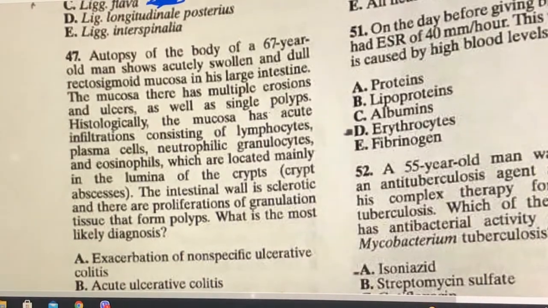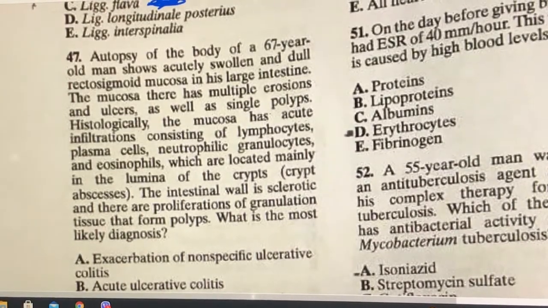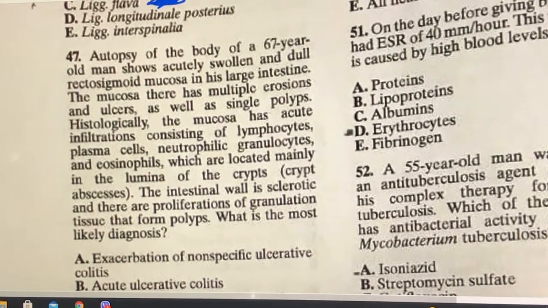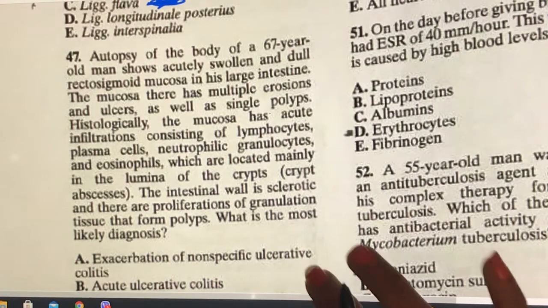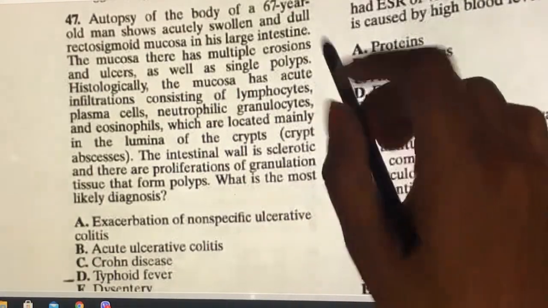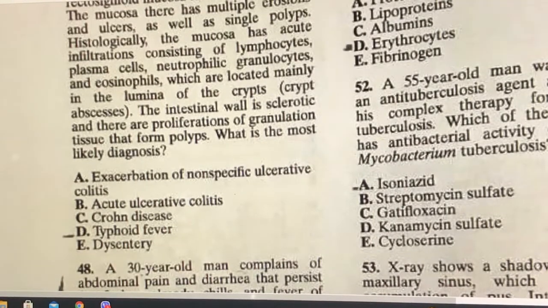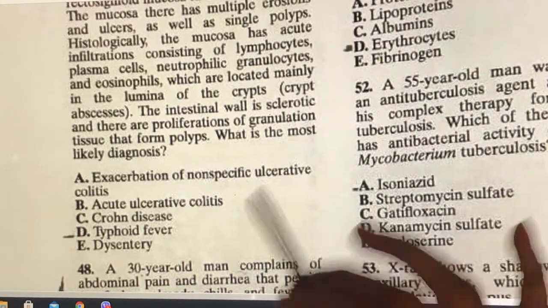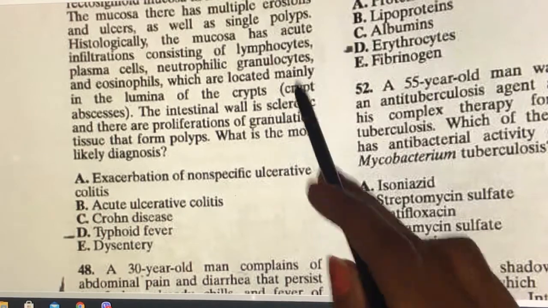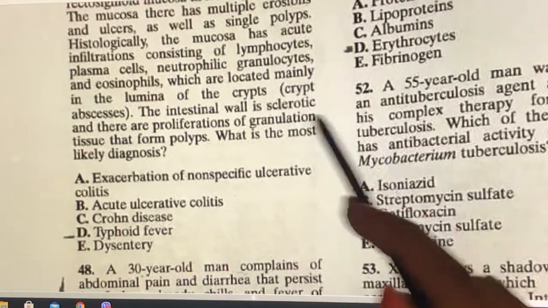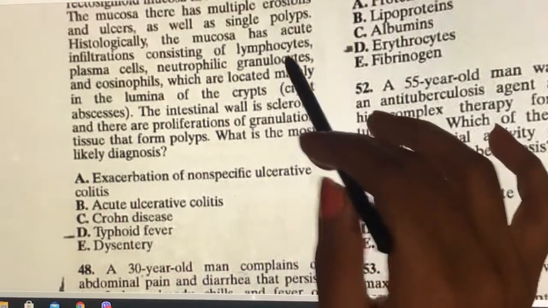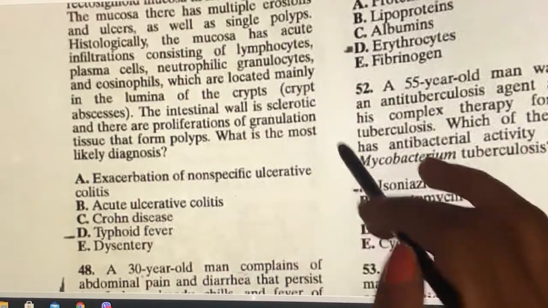Swollen rectosigmoid mucosa. You will know that the problem is in the intestine. So we can see all these things in which diseases. Exacerbation of ulcerative colitis, no, because they have not given anything like non-specific or anything, you can't find it in the question.